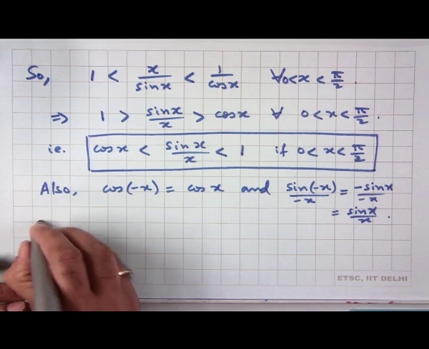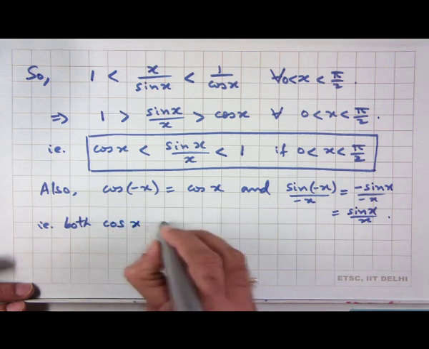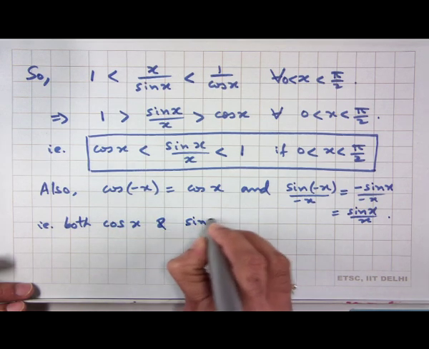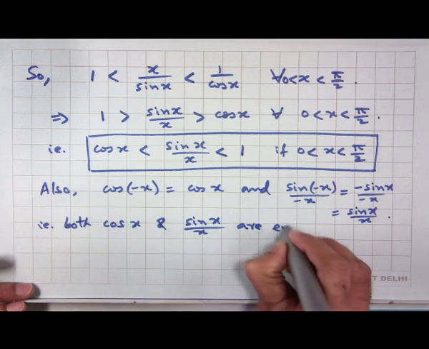That is, both cos x and sin x by x are even functions.